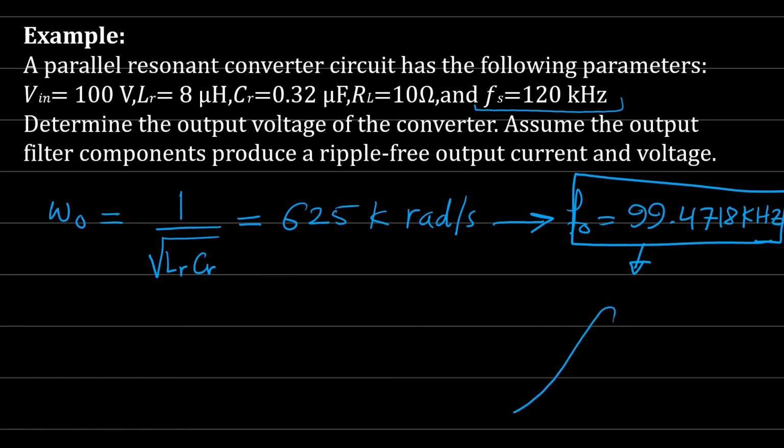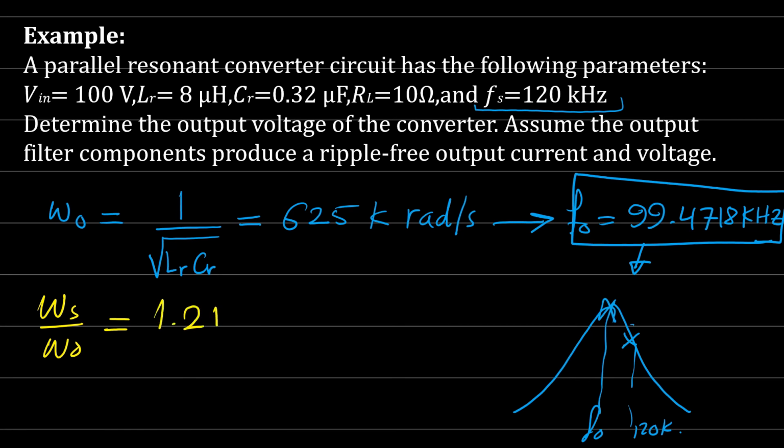If you remember, this is the maximum, this is F naught, this is 120 kilohertz. We can find the normalized frequency omega s over omega naught. This is 120 over 99, which is 1.21.